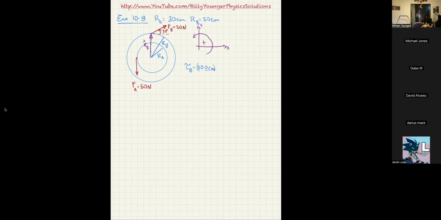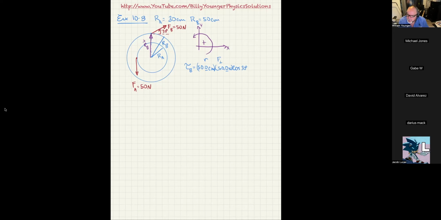times the component of F perpendicular to R. So what I'm using here is R times F perp. Now F perp is going to be 50.0 newtons times the cosine of 30 degrees. Now, you'll notice those two vectors are not strictly speaking tail to tail.